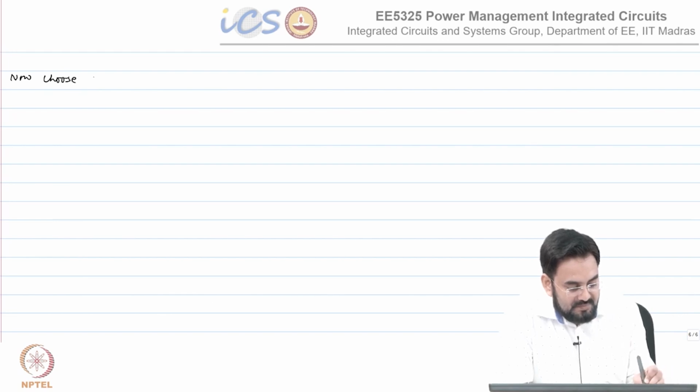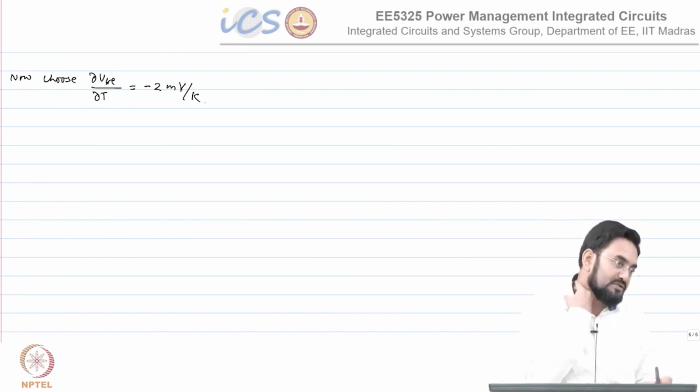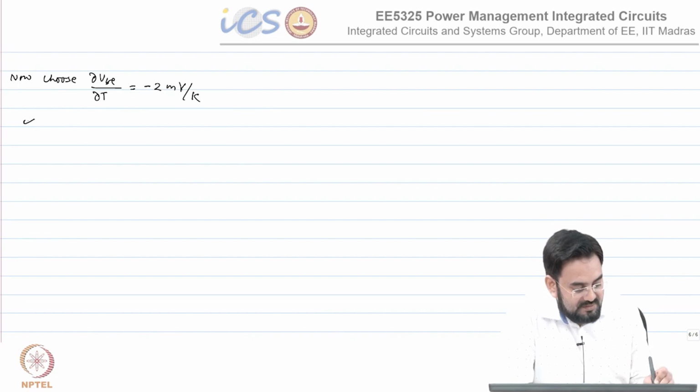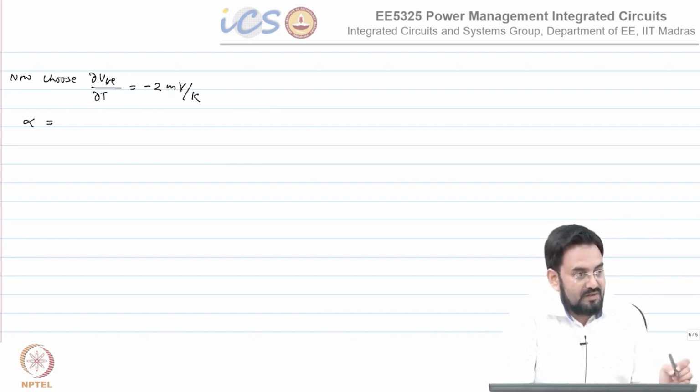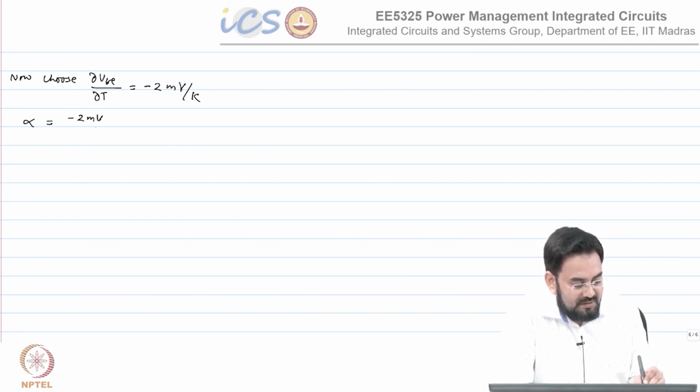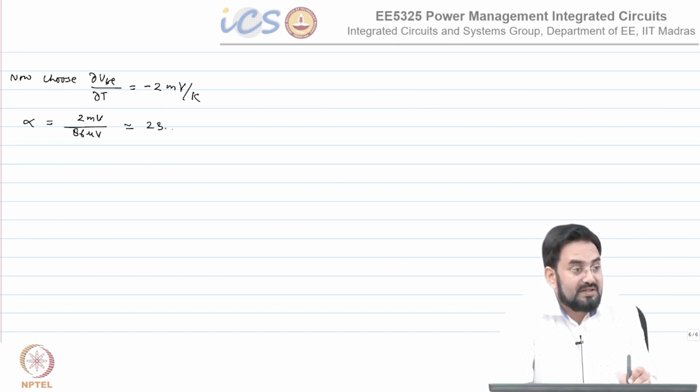choose delta VBE by delta T equal to -2. Okay. So from this, what will be your alpha? -2 millivolt divided by how much? 86 microvolt. 23 point?